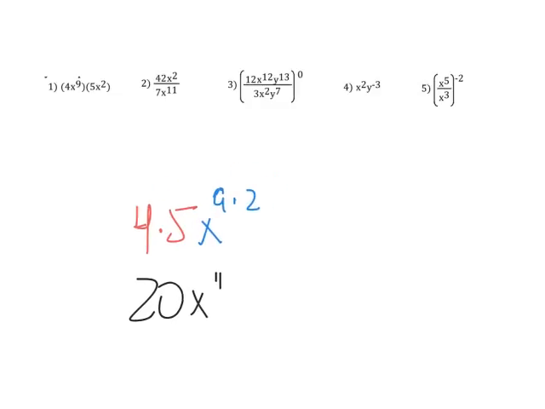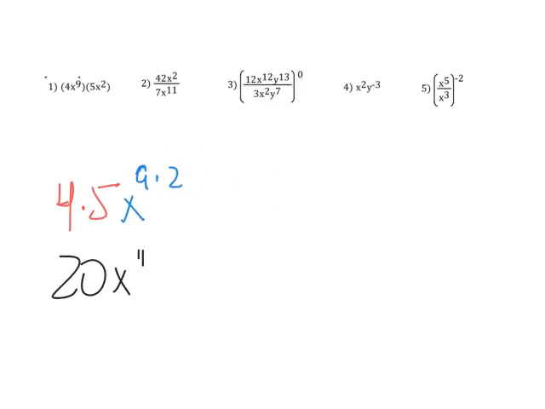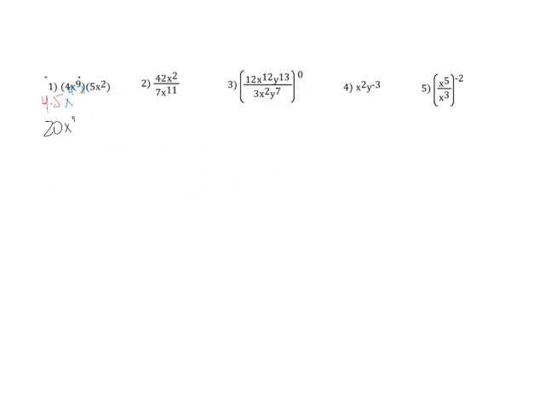Sticking that over there underneath so you've got it and you can keep looking at it. When we go to the next one, number 2, please remember, guys, that when you are looking at these numbers, the 42 and the 7, you are not subtracting that. You are actually going to divide it. So it's going to be 42 divided by 7, right?